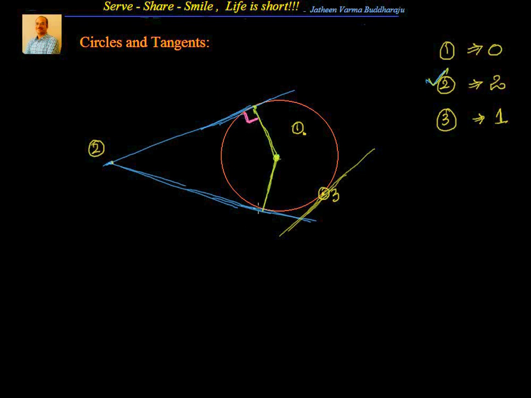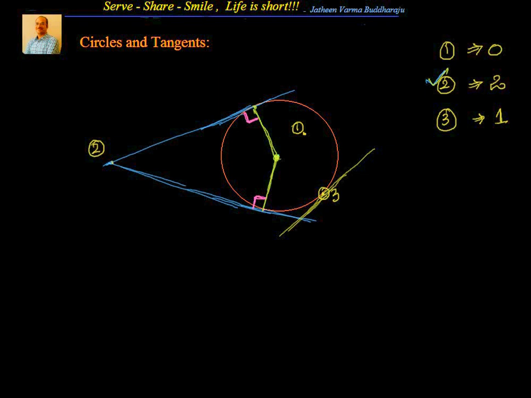Always 90 degrees. So the angle between the line drawn from the center to the point of contact and the tangent drawn at the point of contact is always 90 degrees. Now how can we say that that is 90 degrees?